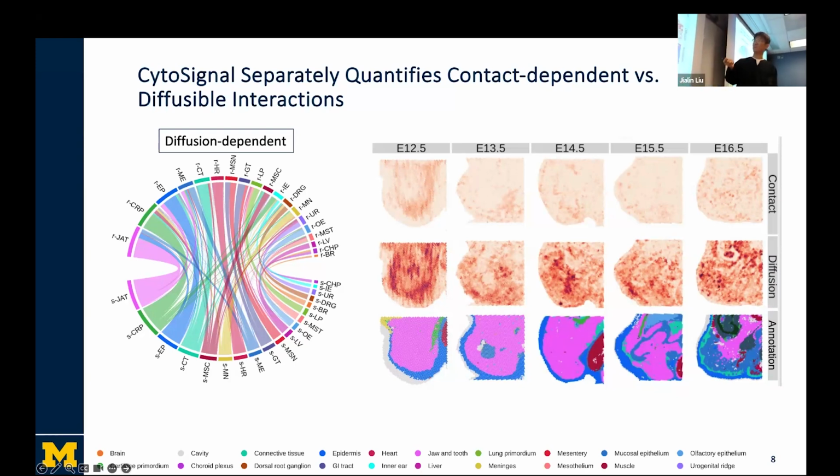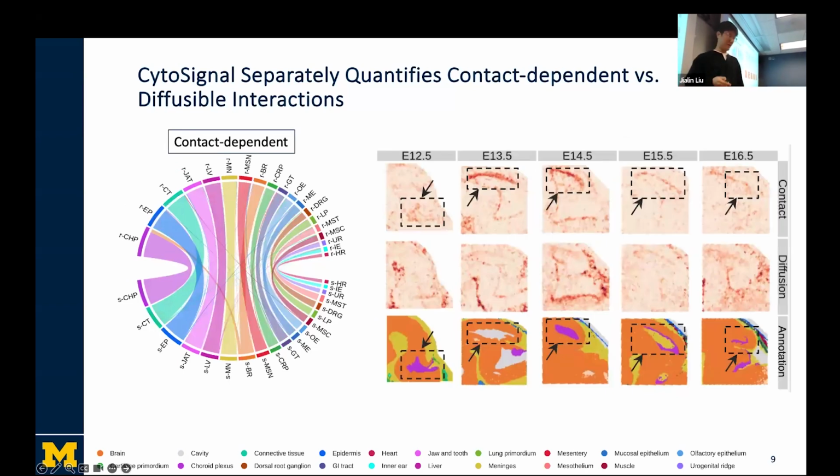Here is a heat map summarizing all the 200 diffusion-dependent interactions at each spot. Very interestingly, we see the diffusion interactions seem to be very enriched in this jaw and teeth region compared to the contact-dependent interactions. It suggests that diffusion-dependent interactions may dominate during jaw and teeth bone development.